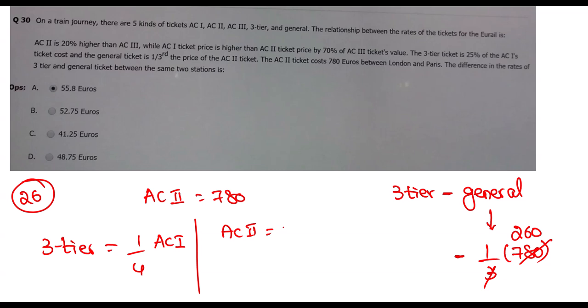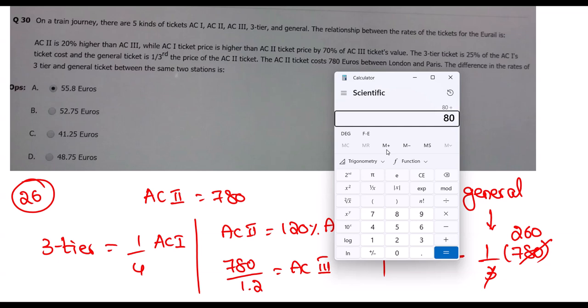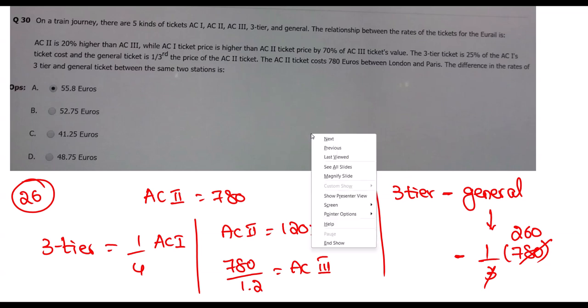AC2 tier is 120% of AC3 tier. Then AC3 is 780 divided by 1.2. It won't give integer, I think, right? Okay, 66 2 by 3. So AC 3-tier is 66 2 by 3.